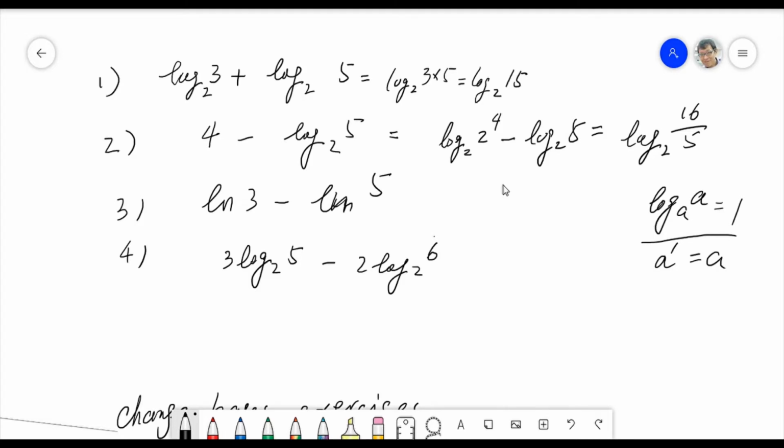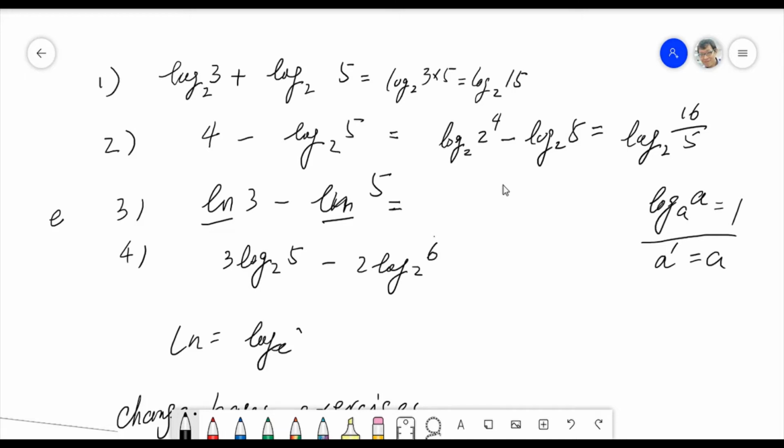Okay, so this one is a simple subtraction. Why did I list it? Because it has a concept. ln is not log. ln is in fact what we call the natural logarithm. In fact, it has a base. The base is e. So ln is equal to log base e.